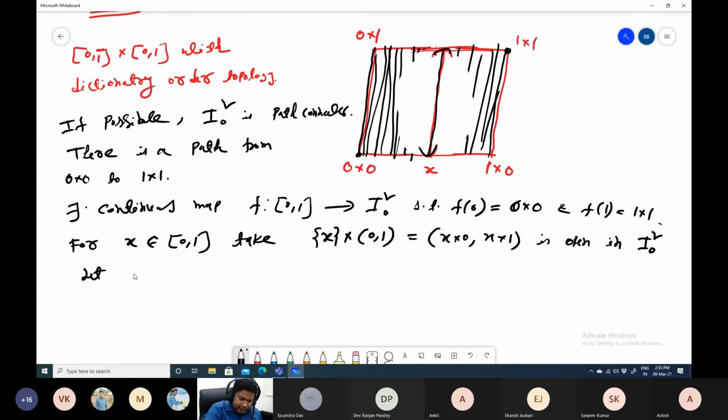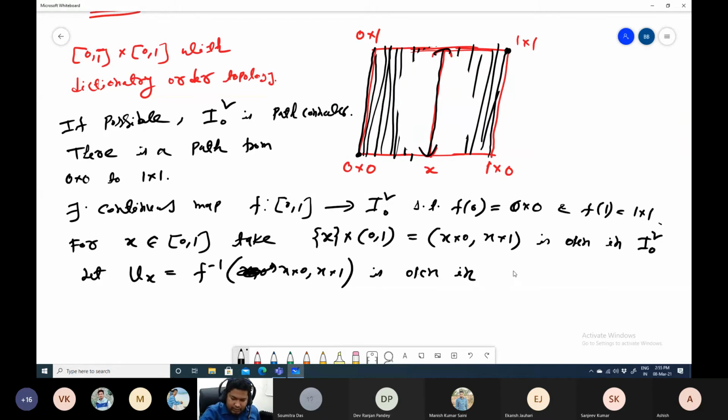Now let U_x equal f inverse of this set, the interval (x,0) to (x,1). We call this U_x. Then U_x is open in where? In the closed interval [0,1]. Is that clear?